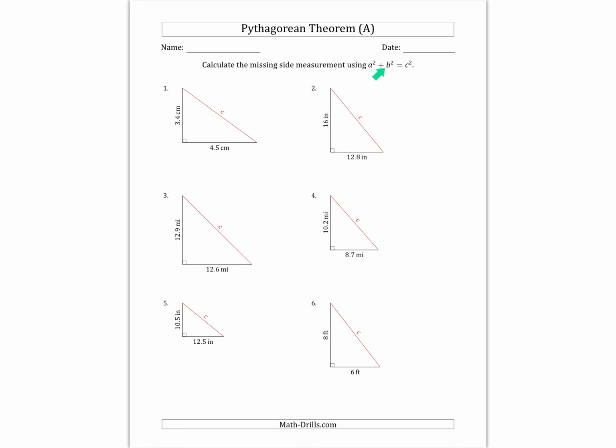Here's our formula. Basically it means if you take the side length of one of the legs and square it, and add it to the other leg squared, times by itself, A times A plus B times B, you will get C squared, the length of the hypotenuse squared. Remember, it's not actually the length.